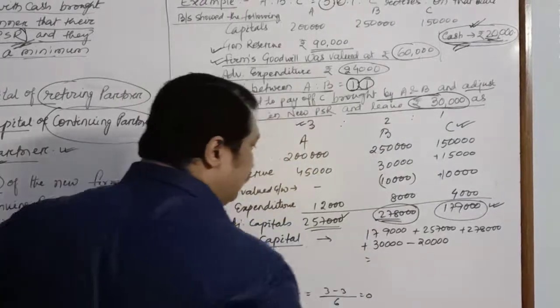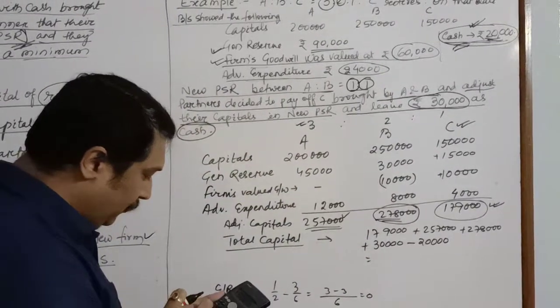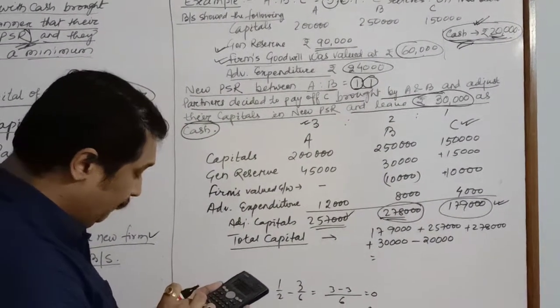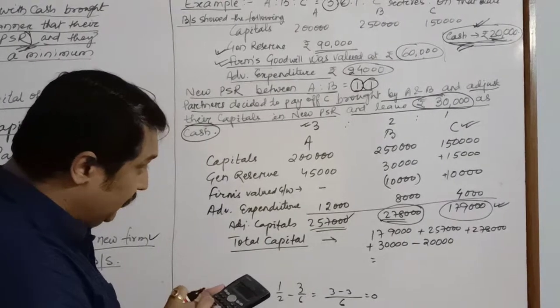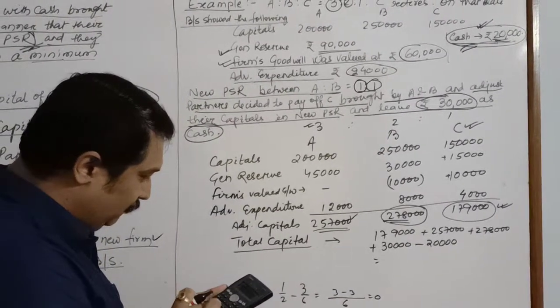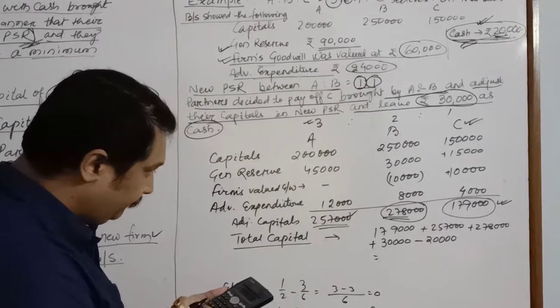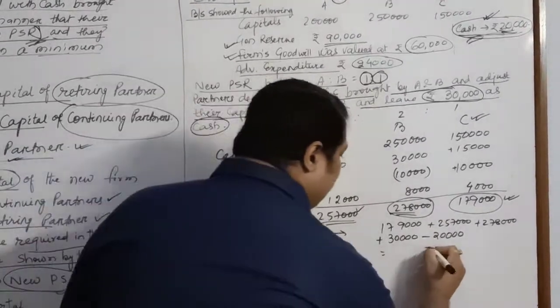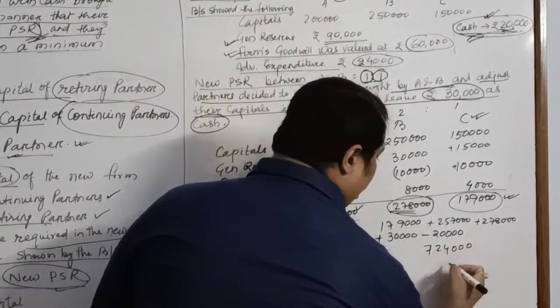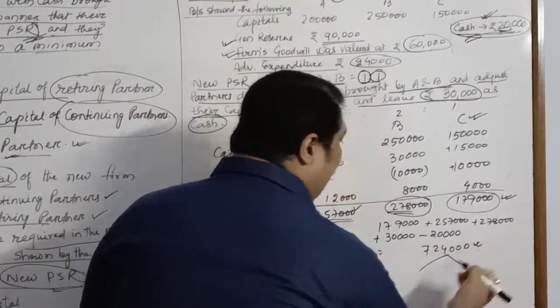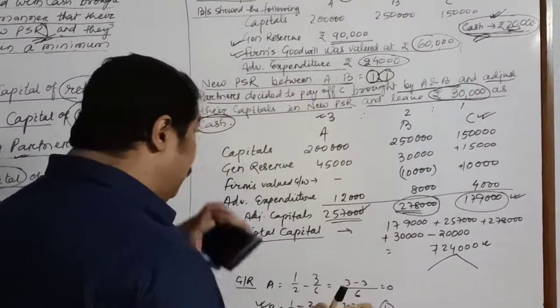After all these plus and minus, the total will be 1,79,000 plus 2,57,000 plus 2,78,000 plus 30,000 minus 20,000. So it is 7,24,000.